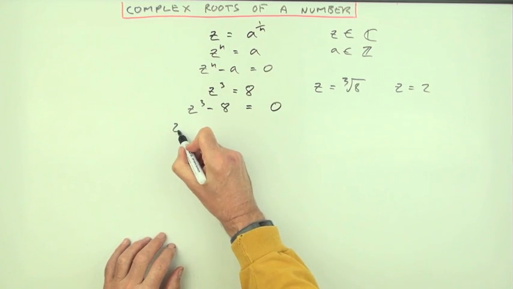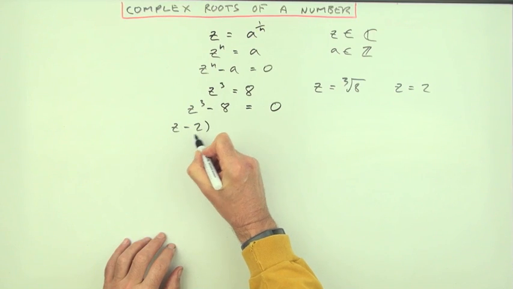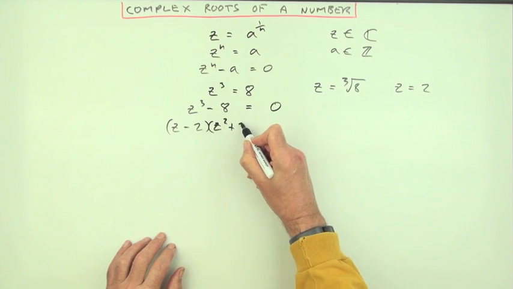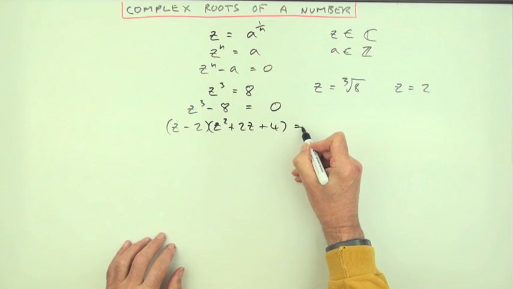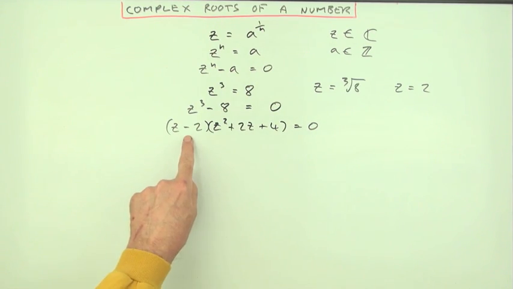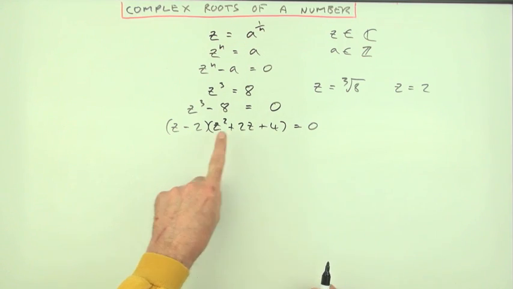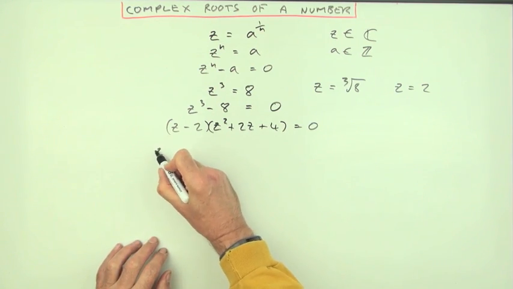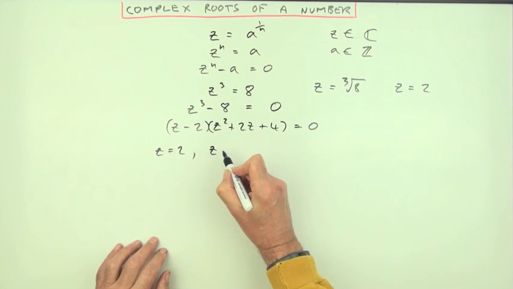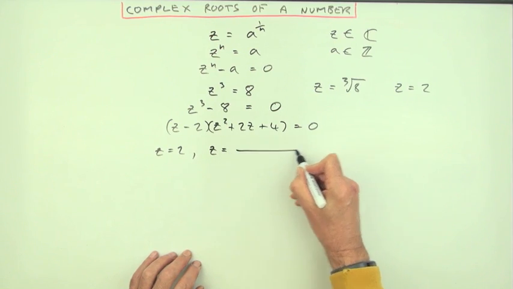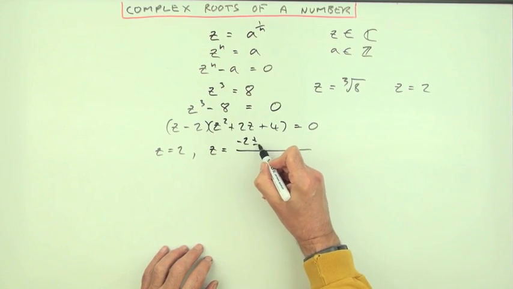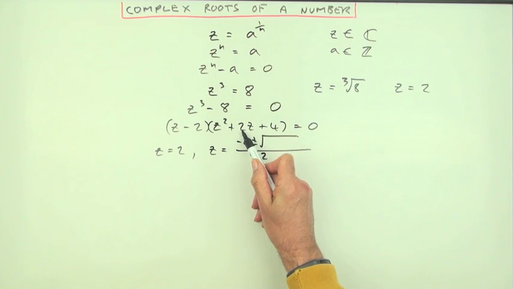So, for this, I know that since that's 2 to the power 3, that will be z minus 2 times z squared plus 2z plus 4 equals 0. So that's the one I knew anyway, that was the 2. And this will give me 2 more by using the formula. So I've got z equals 2, that was fair enough, or z equals, now I've got to plod my way through this, negative b over 2a plus or minus, and what's the discriminant? 4 take away 16 is negative 12.